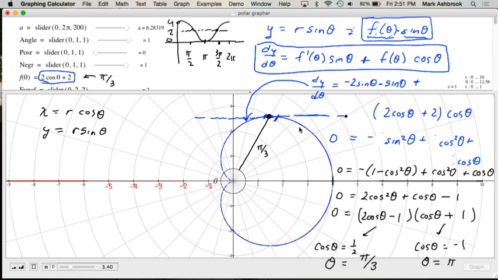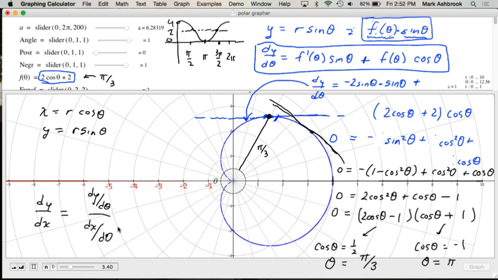Now what if we just want the Cartesian slope to the curve? The Cartesian slope, dy dx. How are we going to get dy dx? We've seen it before, right? dy d theta over dx d theta.